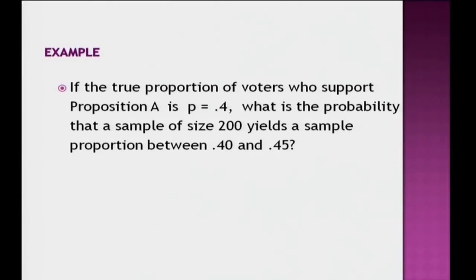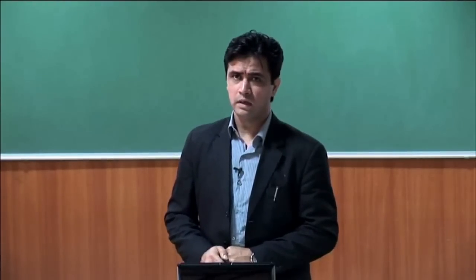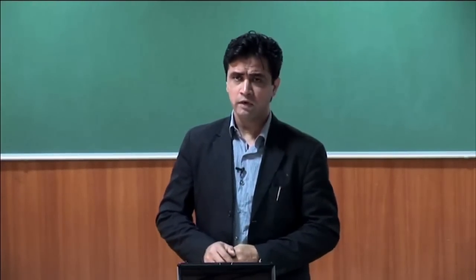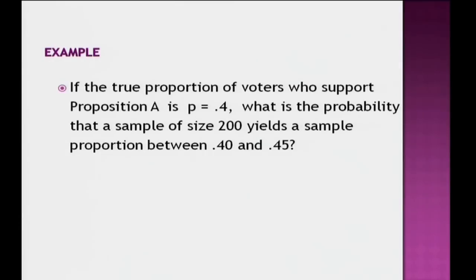What is the probability that a sample of size 200 yields a sample proportion between 0.40 and 0.45? So here the sample size is given as 200, and we need to calculate the probability between 0.40 and 0.45. In such questions, this information is very important, please listen carefully and pay extra attention.